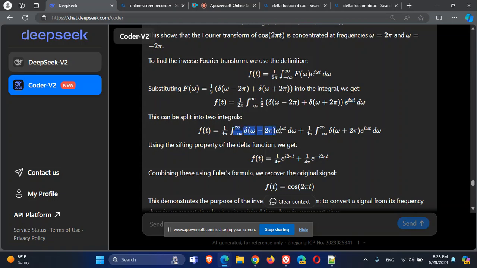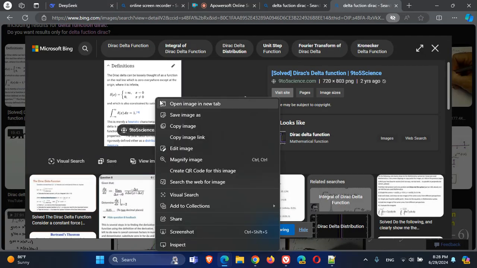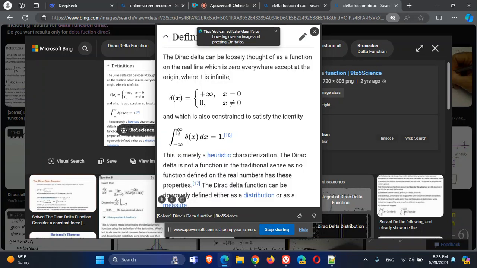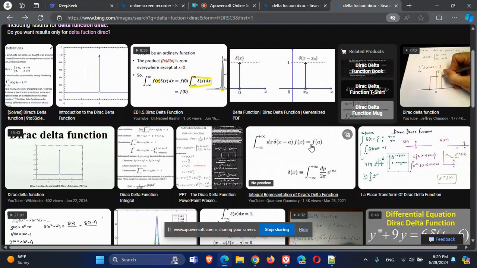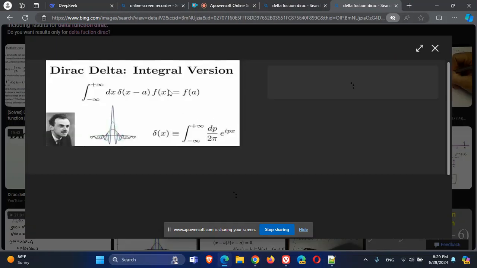Now look at this. This is an identity. We can use this shift property of the delta function.